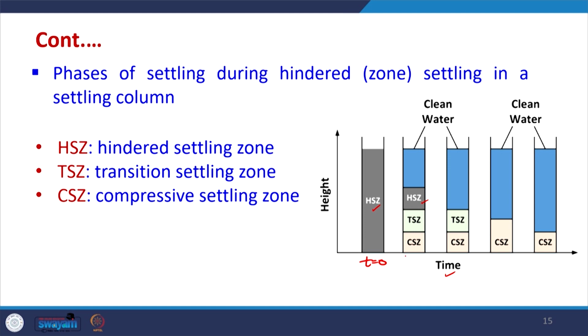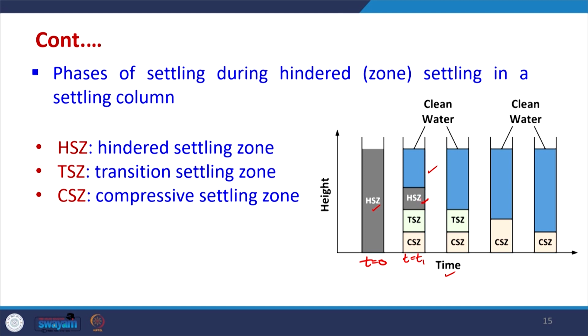Now, after some time, say t equal to T1, we will find that some of the water will settle down, and clearly we will have clean water at the top, and after that we will have solids, where within that zone there will be 3 zones.